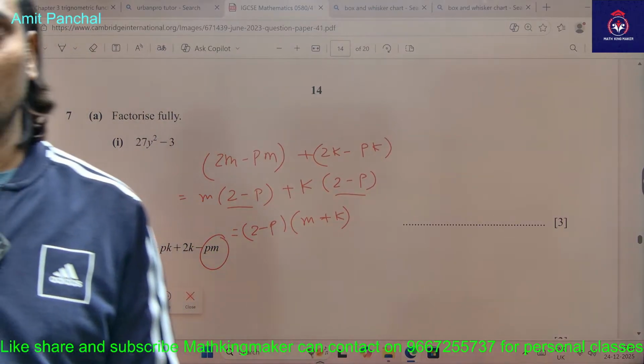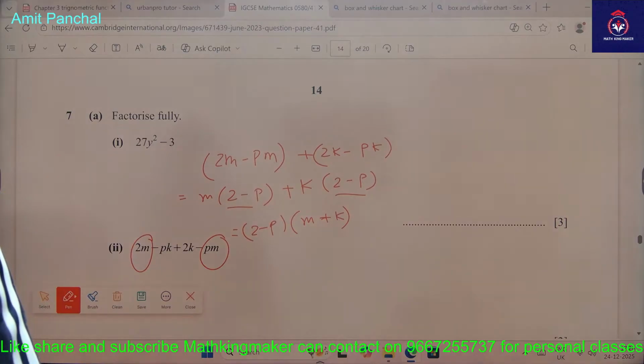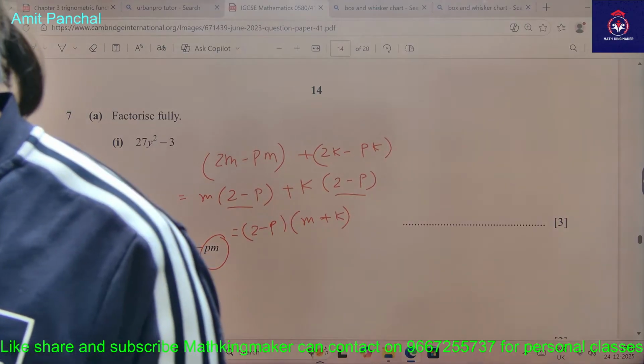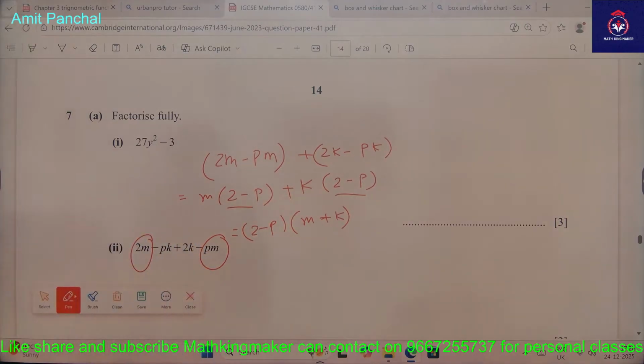Can you give me questions on these? These are very basic, but I'm not able to do it. I need the practice. I'll send you in the chat box. Factorization, I think it is in your syllabus. Yes, it is in the syllabus. That is also why I want to practice. It is given in your book.